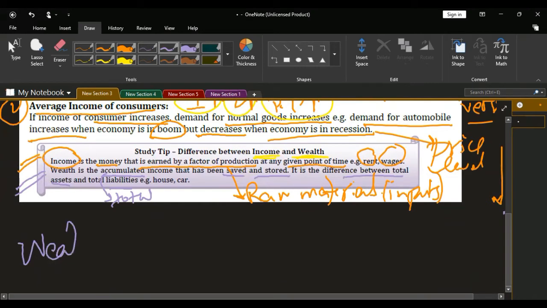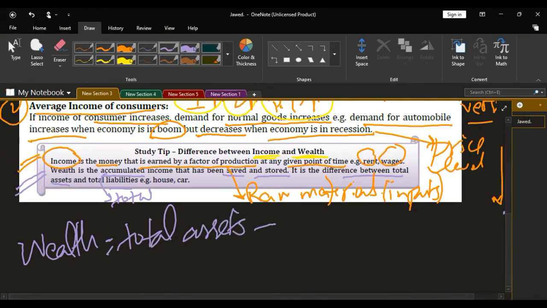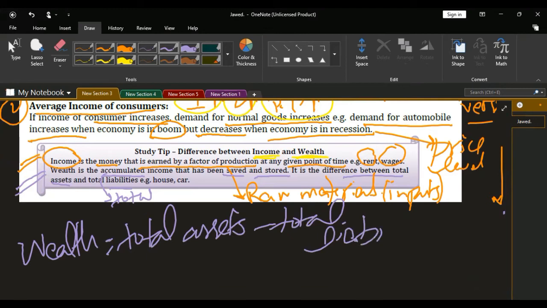Wealth is equal to total assets minus total liabilities of a business.